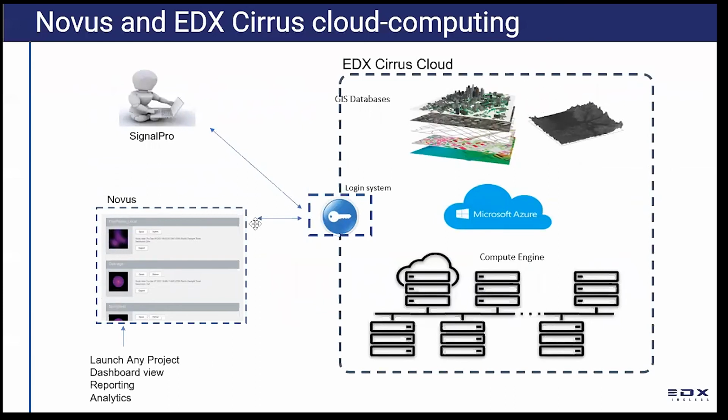And then Novus is that application that allows you to interact directly with the cloud compute engine. And of course, if you've got a SignalPro project and need to push that to the Cirrus cloud, that's enabled via Novus as well. You would just save your SignalPro project and then push it into the cloud with Novus.